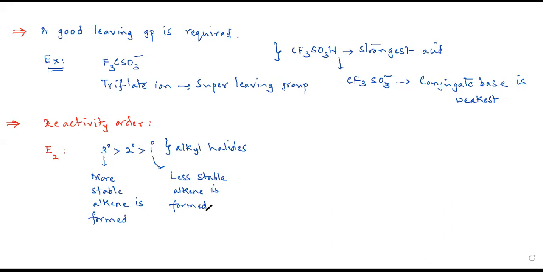Okay. I'll give you examples. But interestingly, even in case of E1 also the order is same, but the reason is different. It is the same order, even for E1 also. But we know that the reason is not the same. The reason here is the stability of the carbocation.